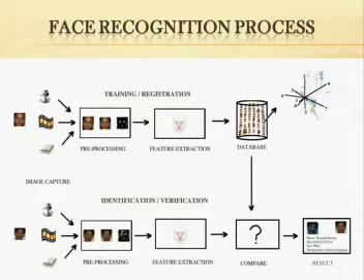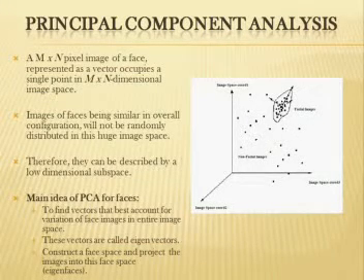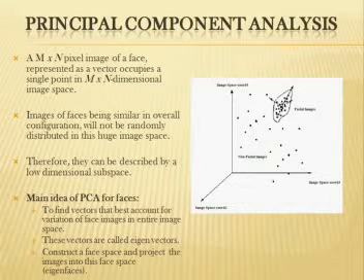The second step is a new image is captured for identification and verification. Using some algorithms, features are extracted and compared with the already extracted features from our database. The result obtained is either a known or unknown face. As I mentioned earlier, here we use the PCA algorithm.